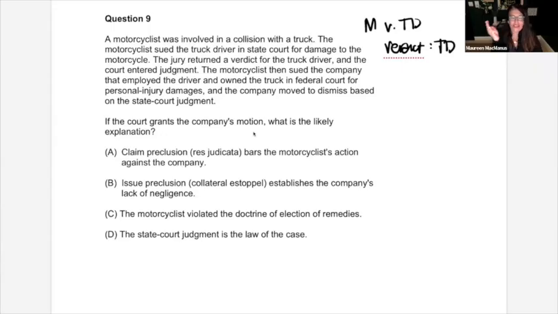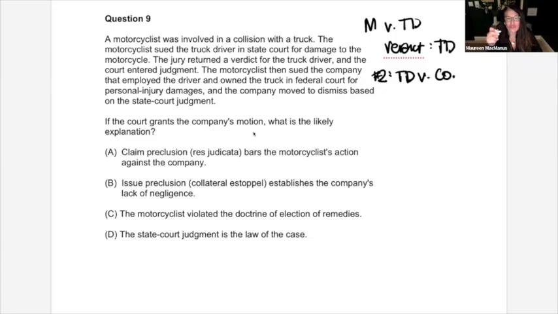So one thing to keep in mind is, there's case one and case two. We have a verdict for the truck driver, and then we have case number two, which is motorcyclist v. company. The problem here is that the truck driver is the employee, and he was presumably acting within the course of employment. I would love for them to be more explicit about that in this fact pattern, but there is privity here between the truck driver and the company.